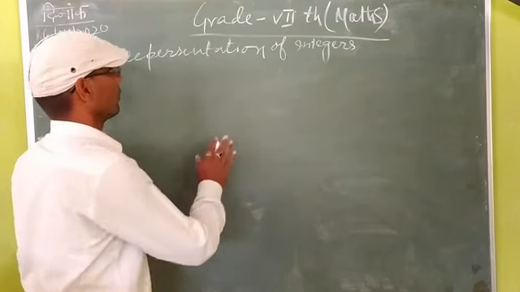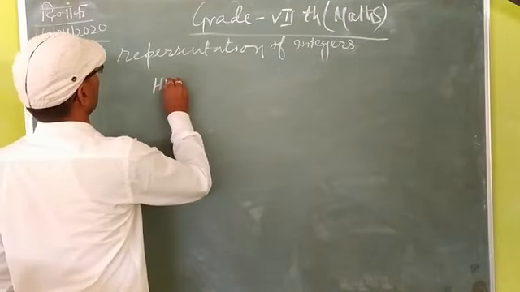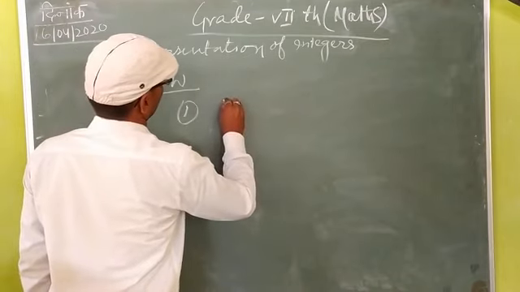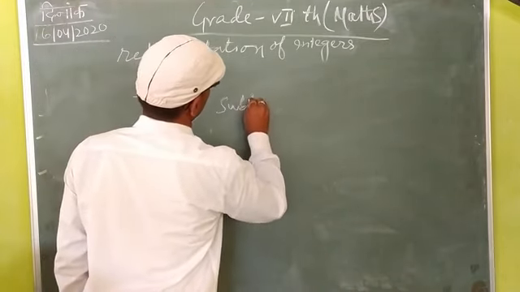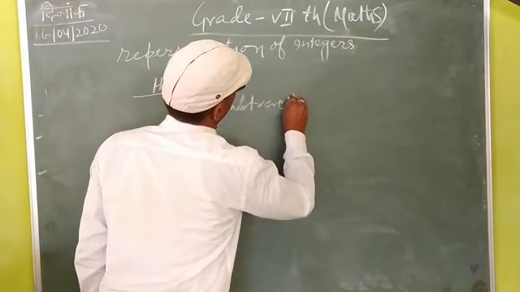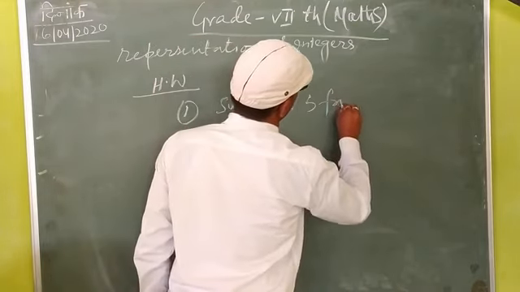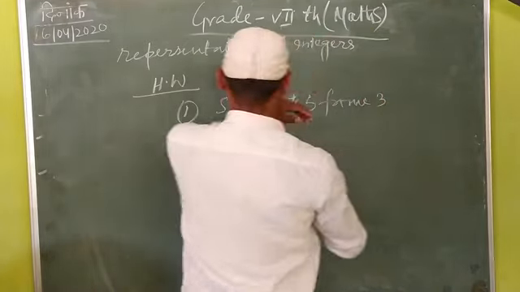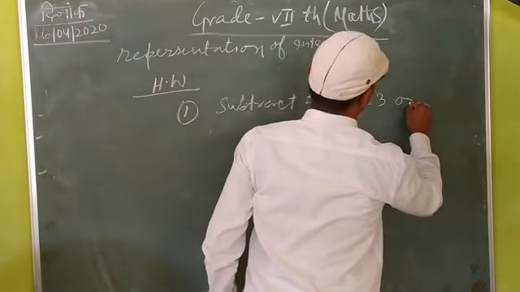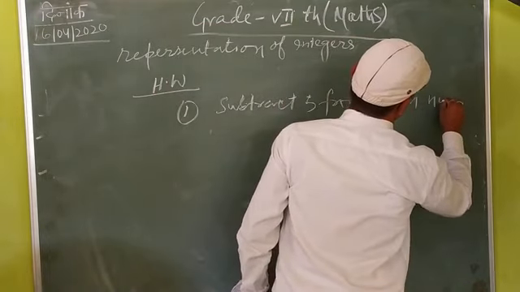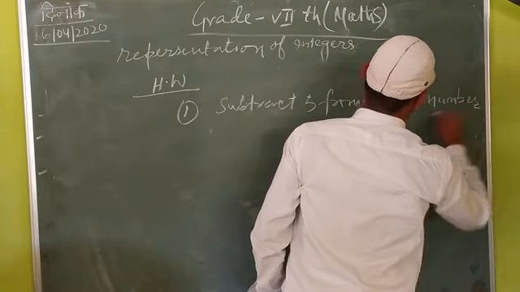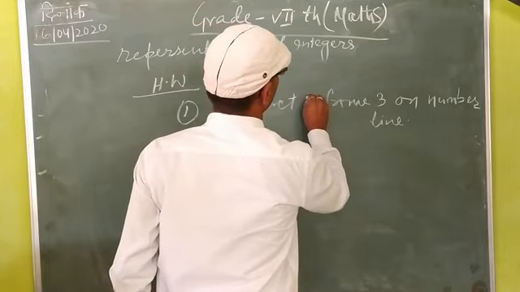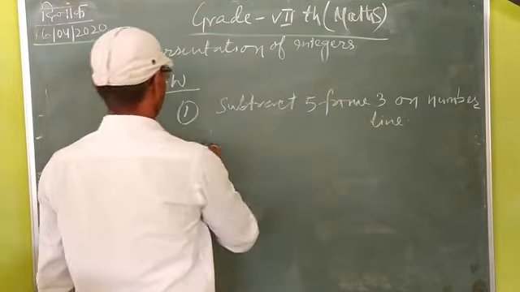Yes, my dear, now it's the turn of HW. Mention first. Subtract 5 from 3 on a number line. Okay, subtract 5 from 3 on a number line.